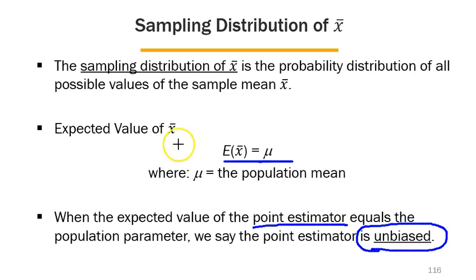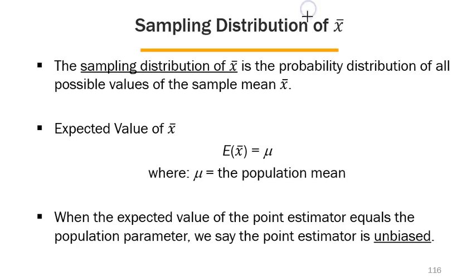But for x bar, this is the case, and so x bar is unbiased. In essence, on average, we expect that x bar will be correct, that it will tell us what mu is.